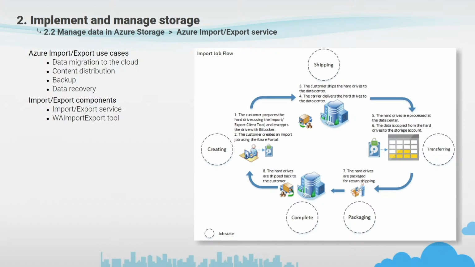This service can also be used to transfer data from Azure Blob Storage to disk drives and ship them to your on-premise sites. Basically, you can supply your own disk drives and transfer data with the Azure Import-Export service, or use disk drives supplied by Microsoft.